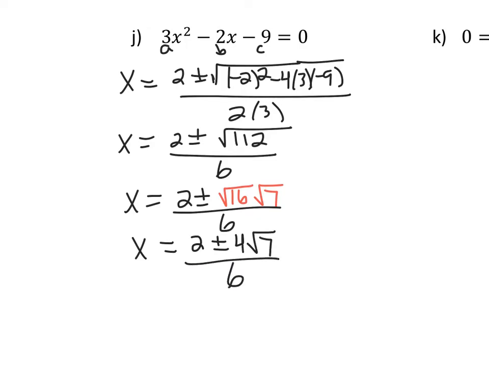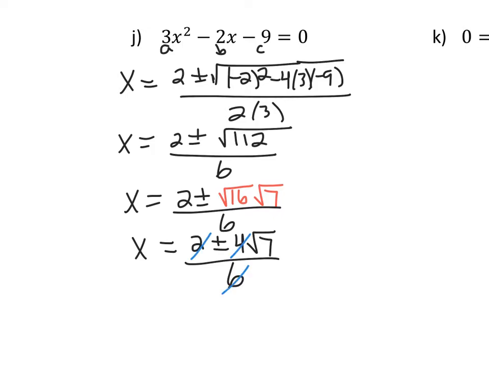Now, each term here, 2, 4 radical 7, and 6, the numbers outside the radical in each and every term are divisible by 2. So you can actually divide by 2.